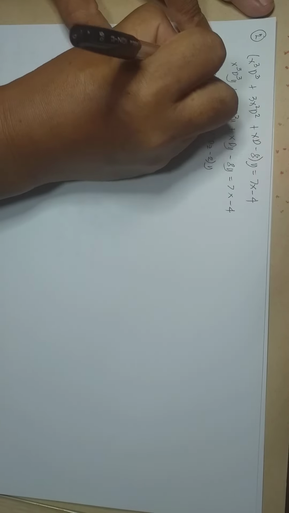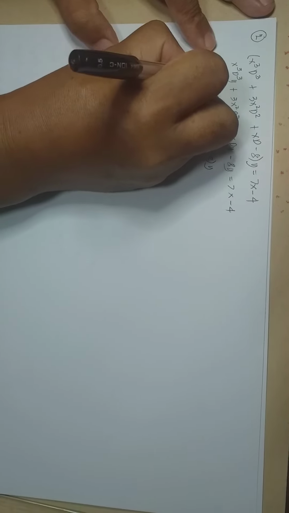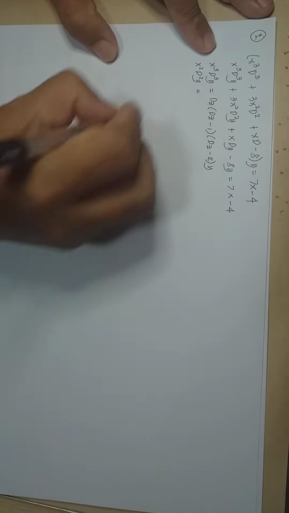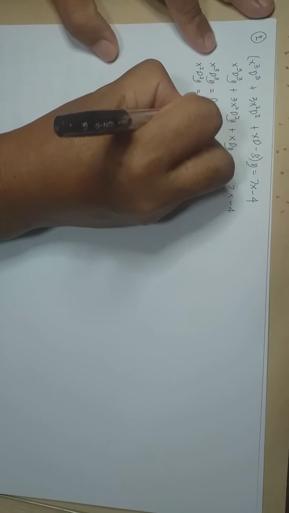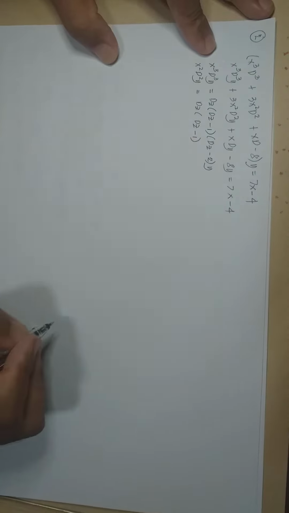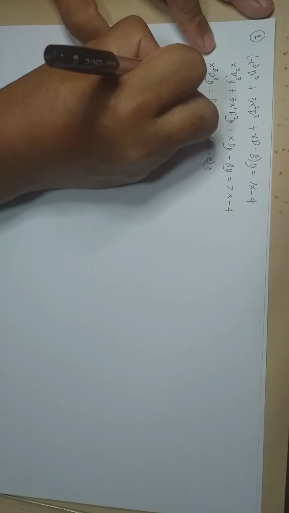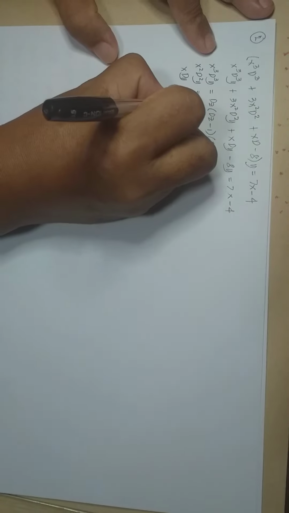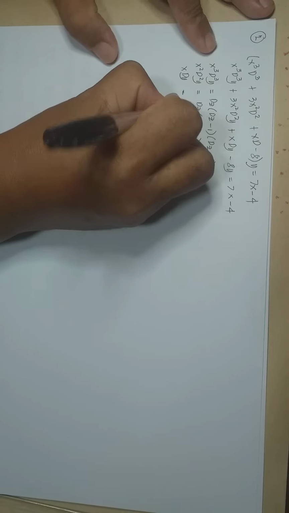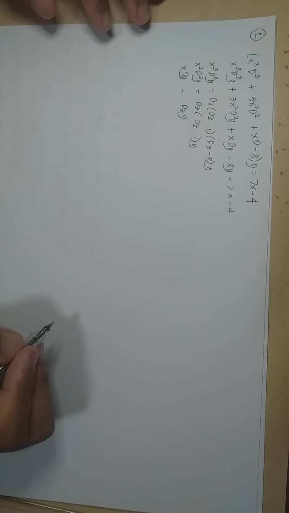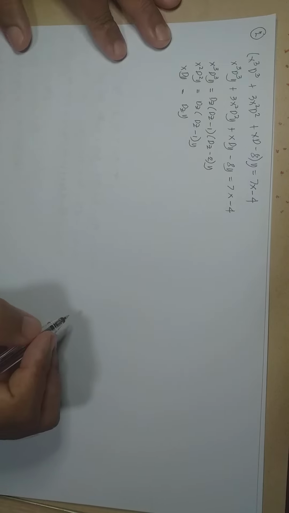And x squared D squared y is equal to Dz times Dz minus 1 y. And x Dy is equal to Dz y.